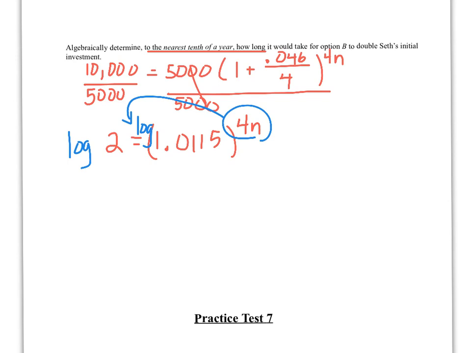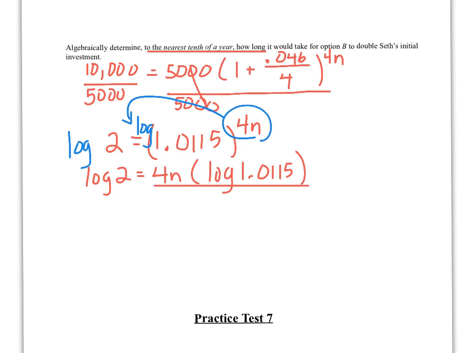Okay? All right, so let's make that look a little prettier. So then really what I have is the log of 2 equals 4n times the log of 1.0115. Let's divide out that log of 1.0115.